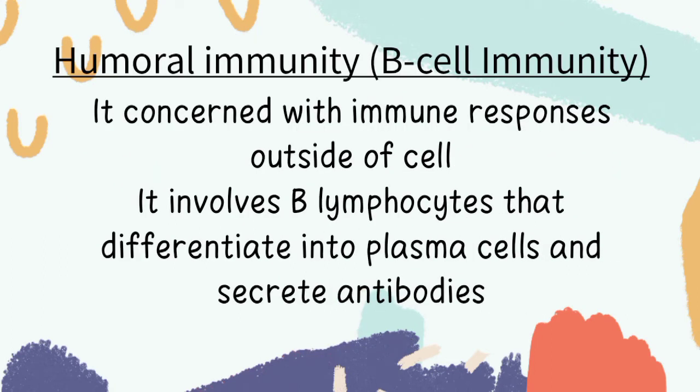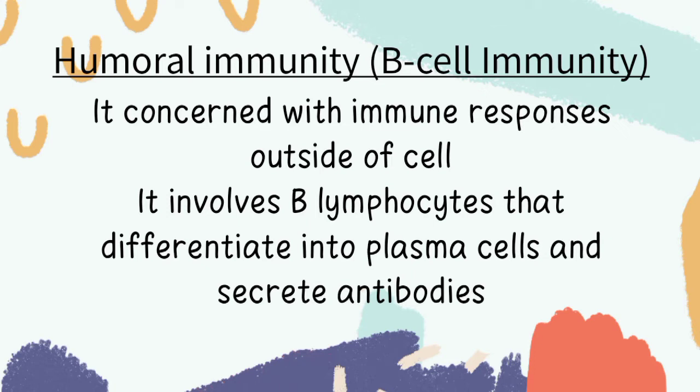Now, the humoral immunity. This kind of immunity is carried out by the B cells of the body, the B lymphocytes. Looking at the first point here, it says it is concerned with immune responses outside the cell. It involves the B lymphocytes that differentiate into plasma cells and secrete antibodies.